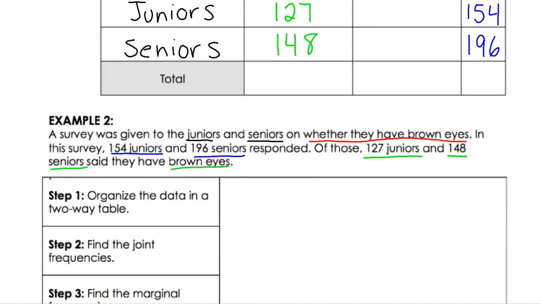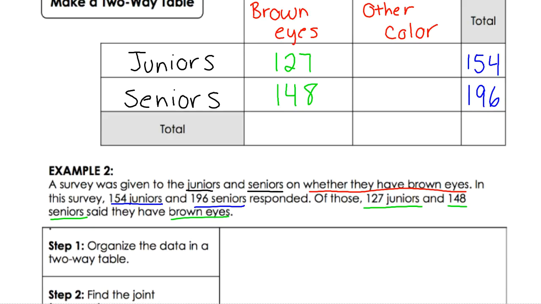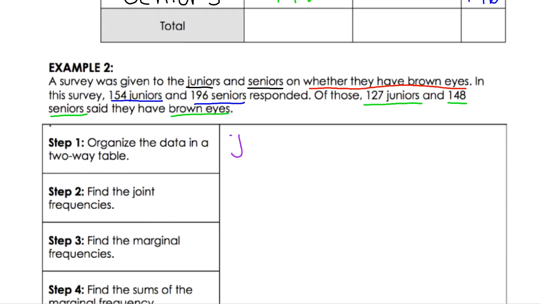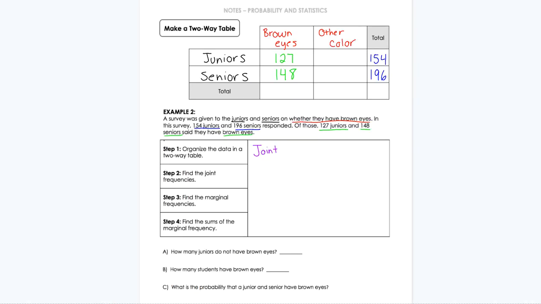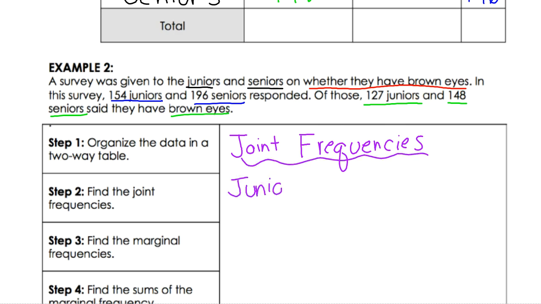So if we look at step 2, it says to find the joint frequencies. So we're figuring out what's left. So in order to do this, what I'm going to do is I'm going to calculate some joint frequencies here. So what I know is that I have for my juniors, they told me that there are 154 total and that 127 have brown eyes.